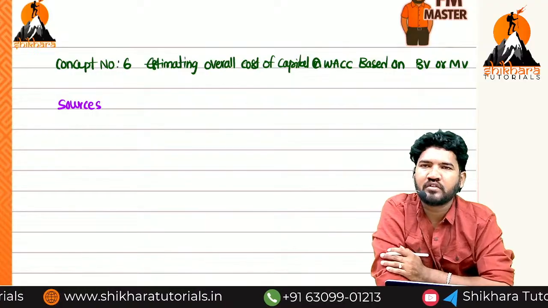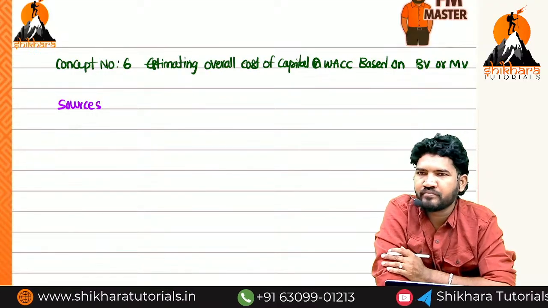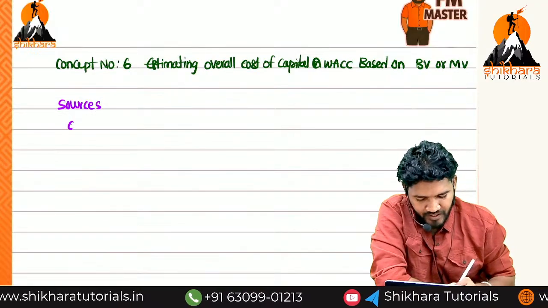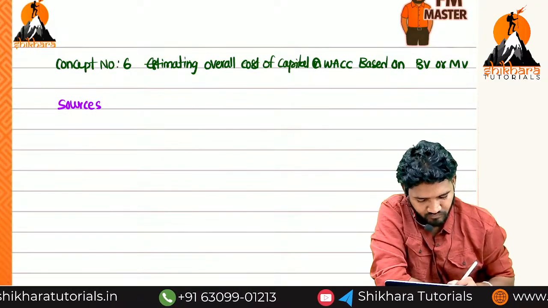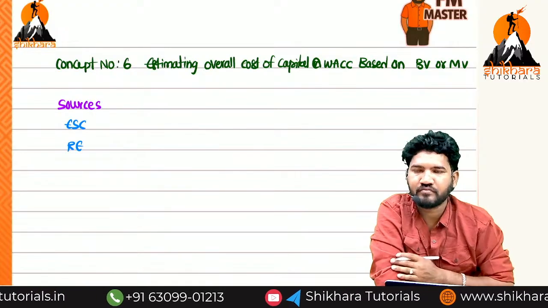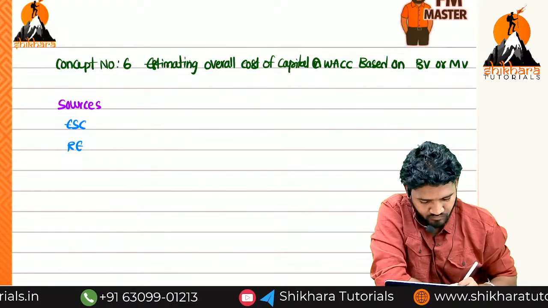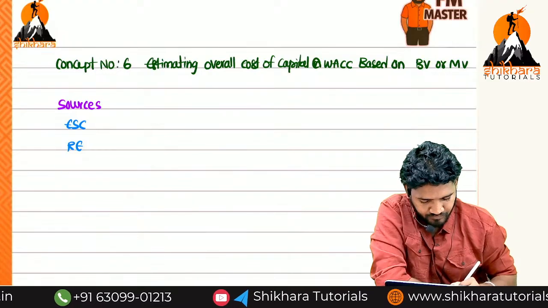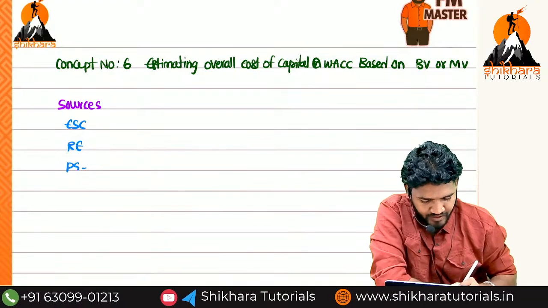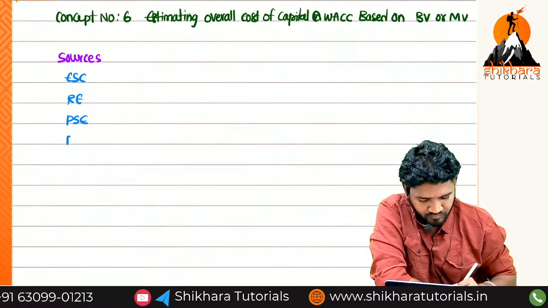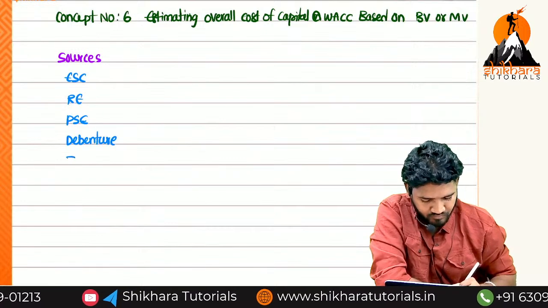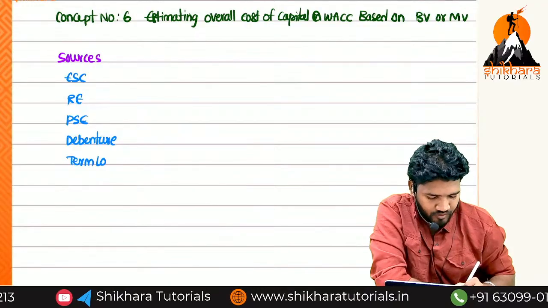Sources. How many sources do we have? 5 sources: equity share capital, retained earnings, preference share capital, debenture, term loan.